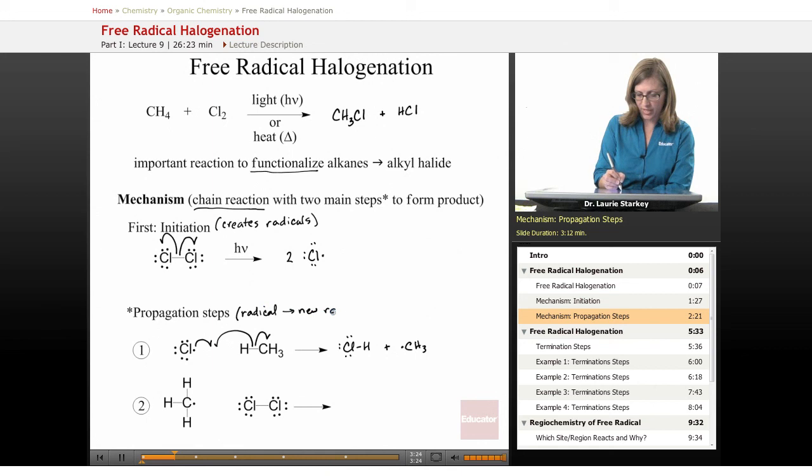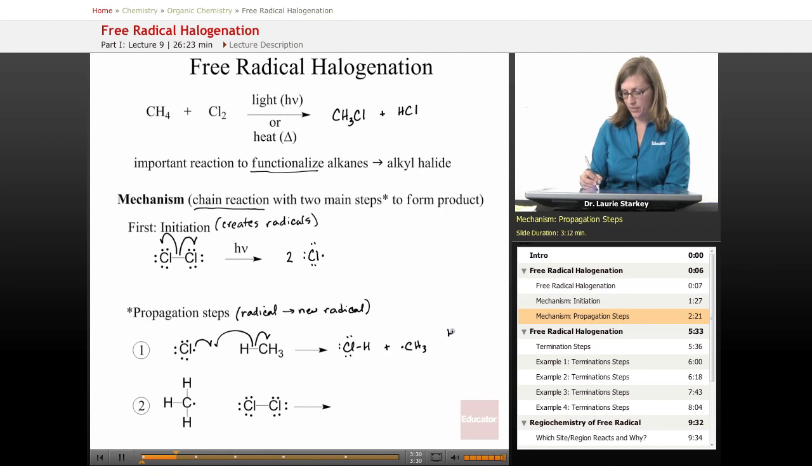We call those types of steps propagation steps. And we would describe this first step as a hydrogen atom abstraction. You abstracted or plucked off a hydrogen atom, a hydrogen with its one electron. Now we have a methyl radical.